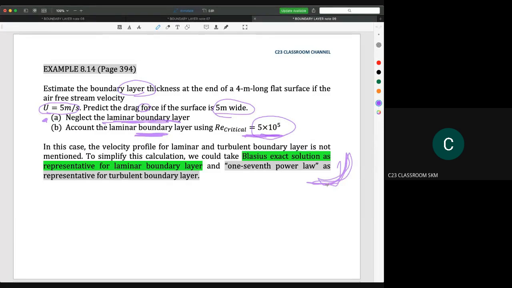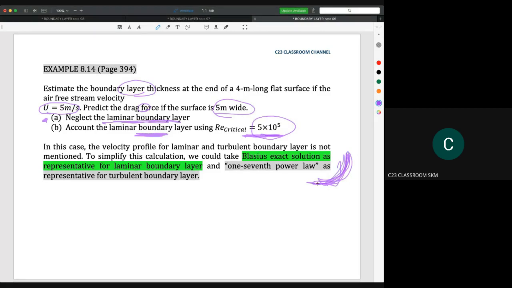Previously, in our tutorial, we used the velocity profile to determine the boundary layer. However, in this question, you don't know what your velocity profile is. If you don't know your velocity profile, it is okay. It is okay for you to use this assumption.